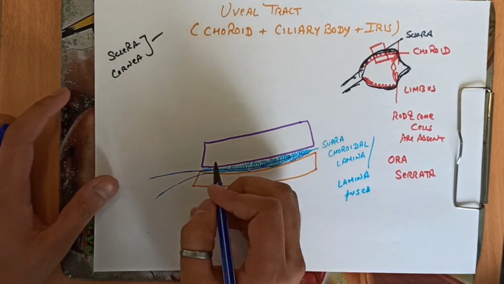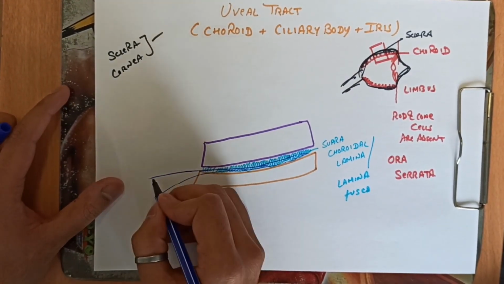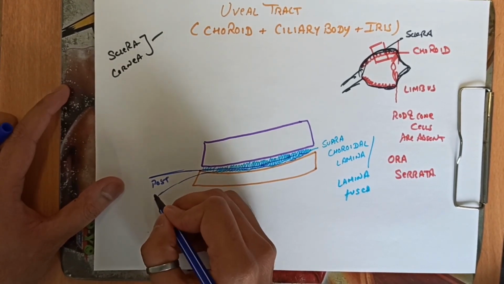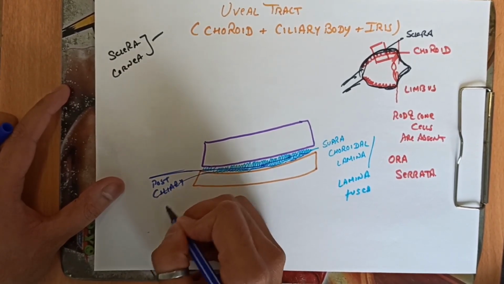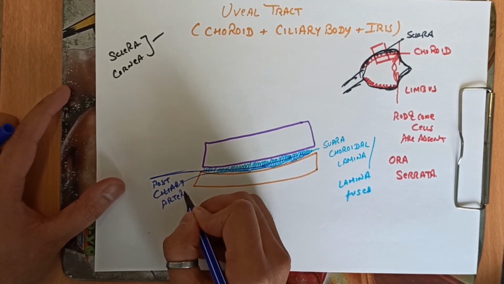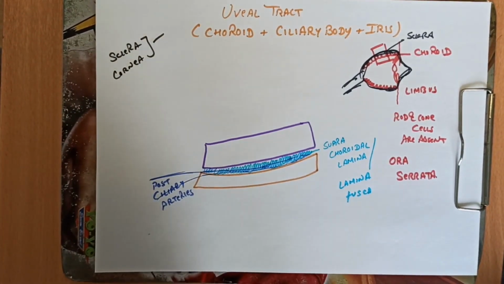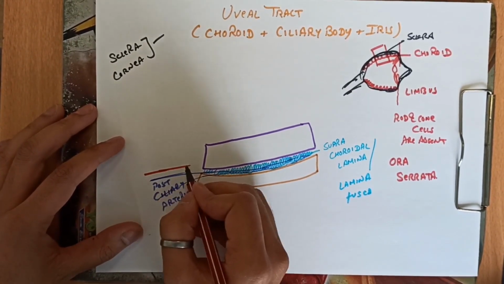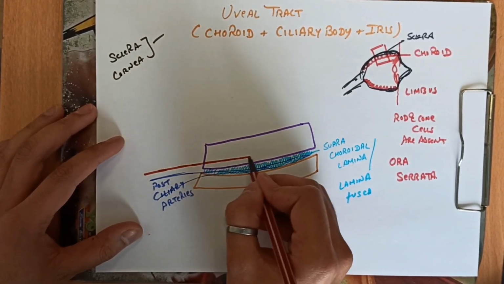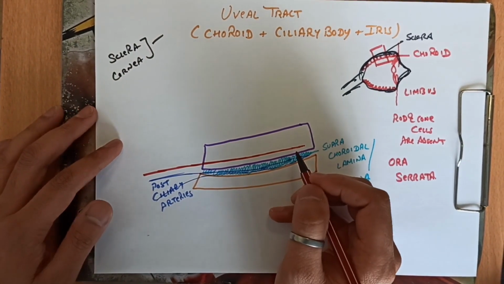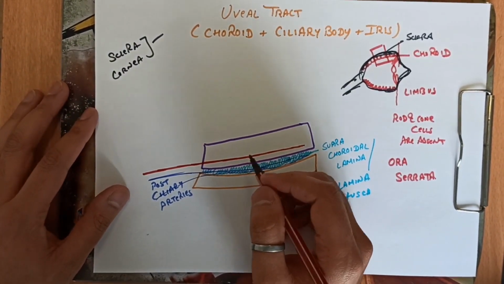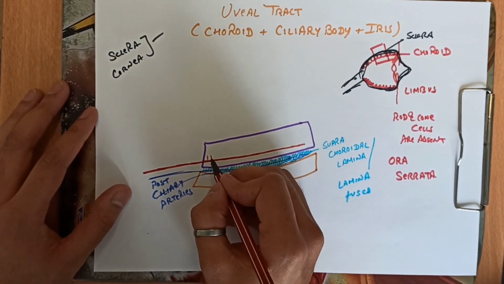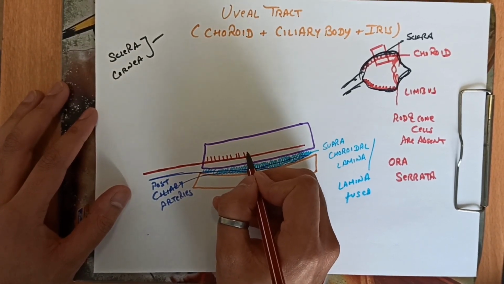Sorry, I misspoke. The short ciliary arteries enter into the choroid from here. Entering the choroid, they will give small branches.